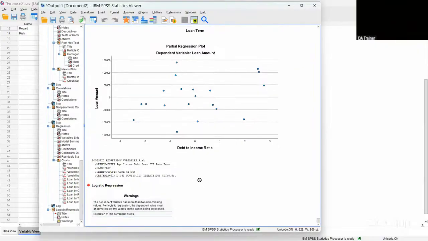Wow, you're shouting at us. A dependent variable has more than 2 non-missing values. For logistic regression, the dependent variable must assume exactly 2 values in the cases being processed. Let me see what we could do.